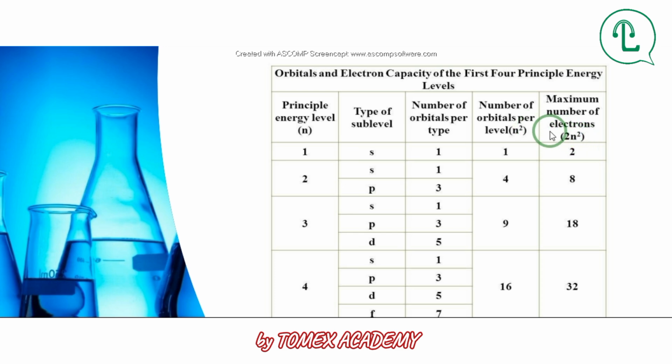If n is 1, then the maximum number of electrons will be 2. If n is 2, the maximum will be 8. When n is 3, the maximum will be 18. And the number of orbitals per level are given.